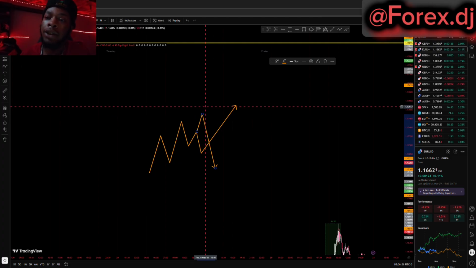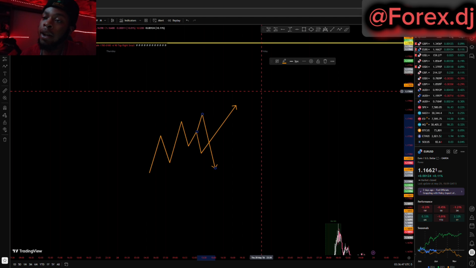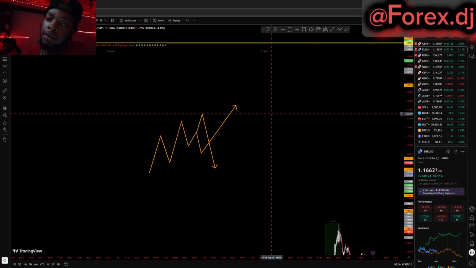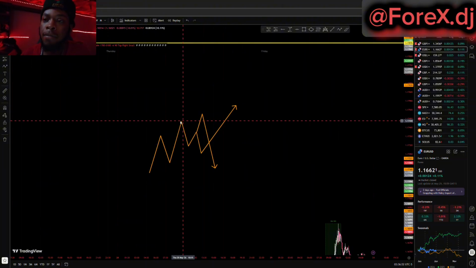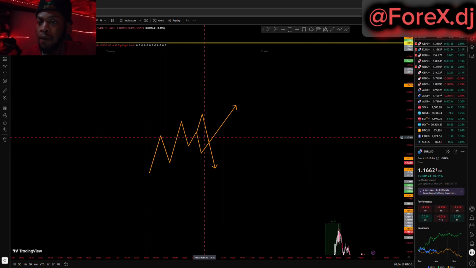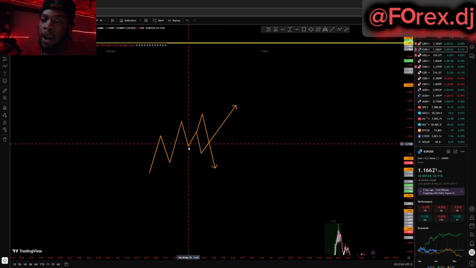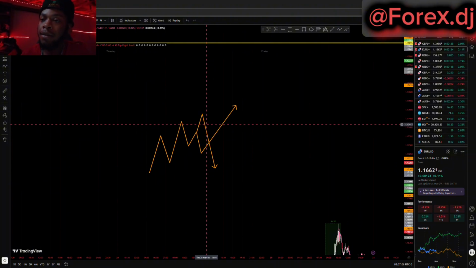Again, that's giving the market makers or the big players more liquidity to fill their positions. Because if we sweep a high, people think we continue in the uptrend, and we're really not. Me personally, when I see this high get swept, I'm waiting for reversal confluences to target the lows to the downside. Vice versa, if I'm waiting for price to sweep this low, I'm looking for reversal confluences to target the highs to the upside.